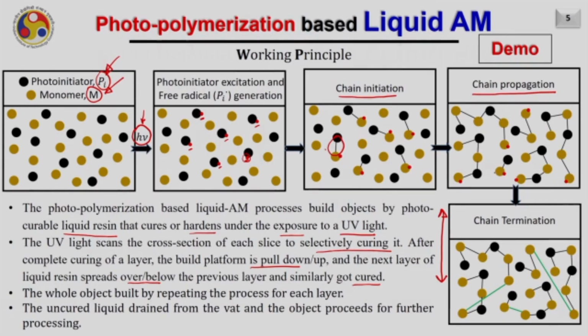It keeps on happening and the chain gets terminated when the free radical available with one monomer and the free radical available with another monomer form a bond together, and hence this particular chain is now formed and it is terminated also because there are no free radicals further available with this chain. Like this, several chains get formed and hence the liquid resin gets hardened.